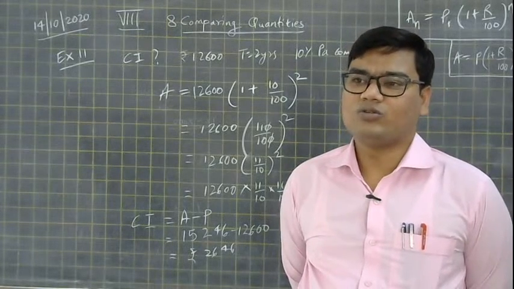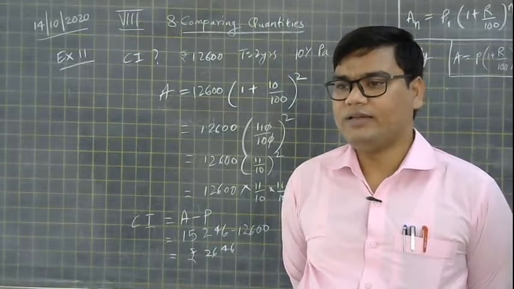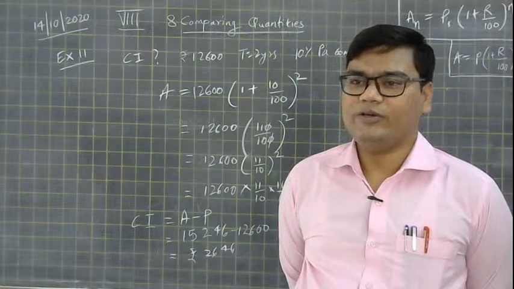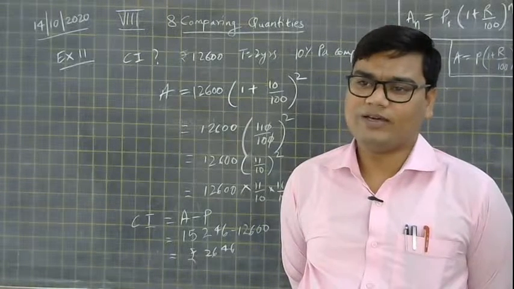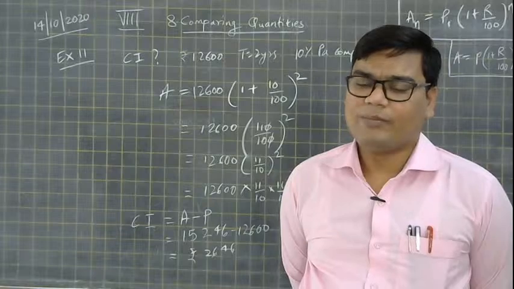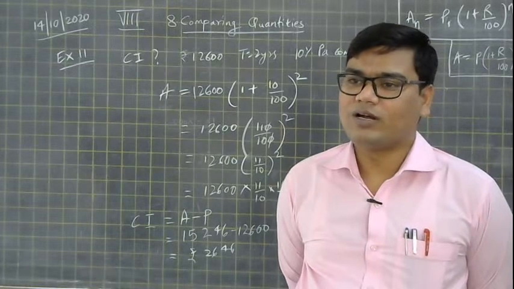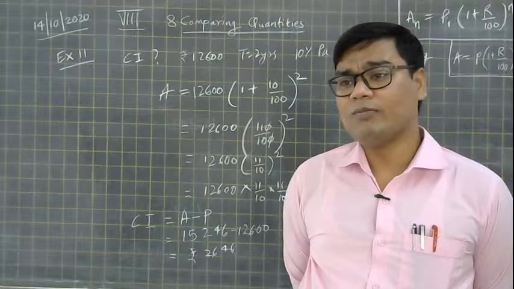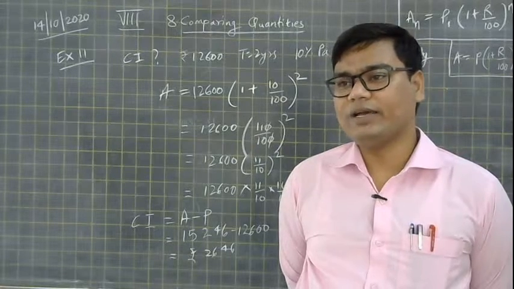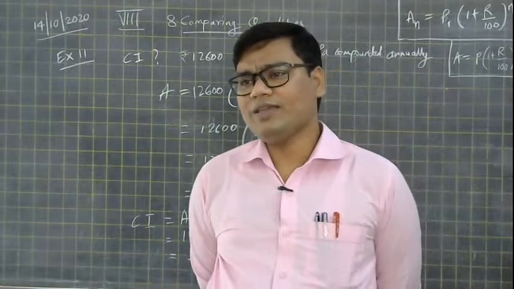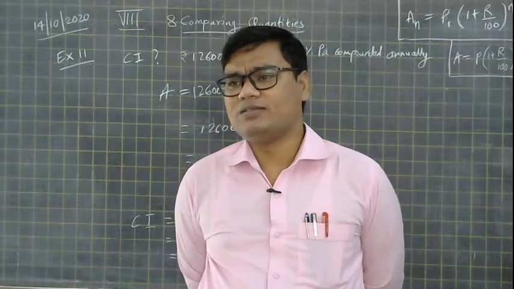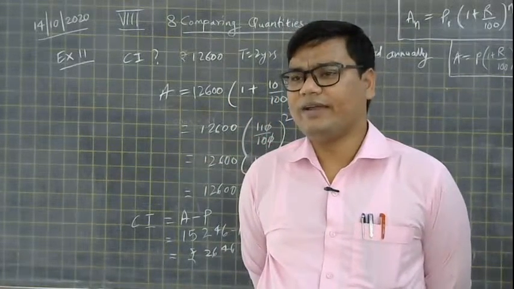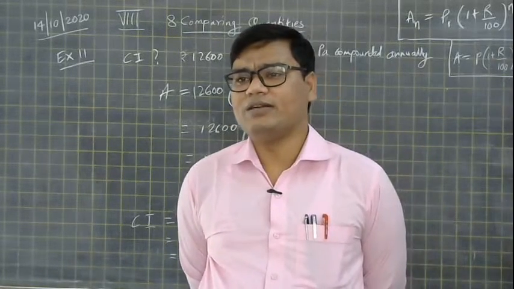Here also we used the year by year method to deduce the compound interest formula, where amount A is equal to P into 1 plus R upon 100 power n, where A is the amount, P is the principal, R is the rate, and n is the time period.